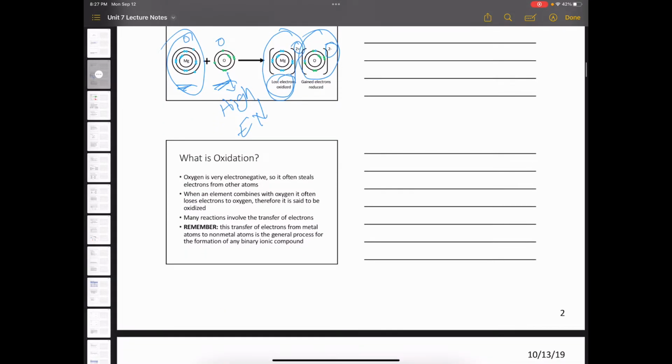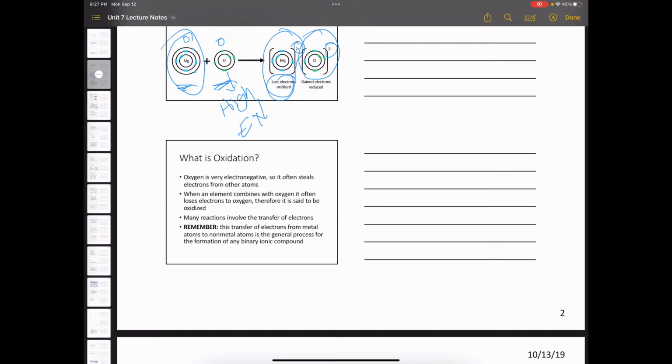So what is oxidation? As I said, oxygen is very electronegative, so frequently and often it will steal electrons from other atoms, just like what happened with the magnesium. You'll see oxygen will take electrons from magnesium, from sodium, from potassium, lithium, and so on and so forth.